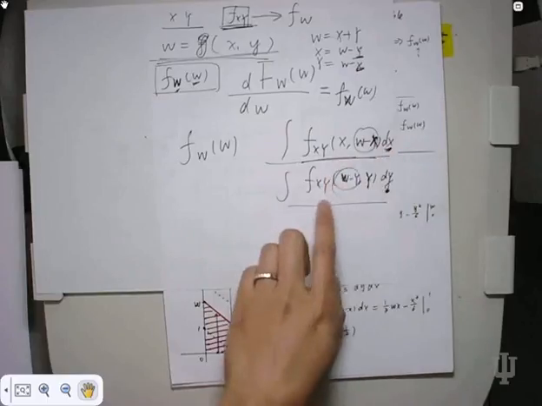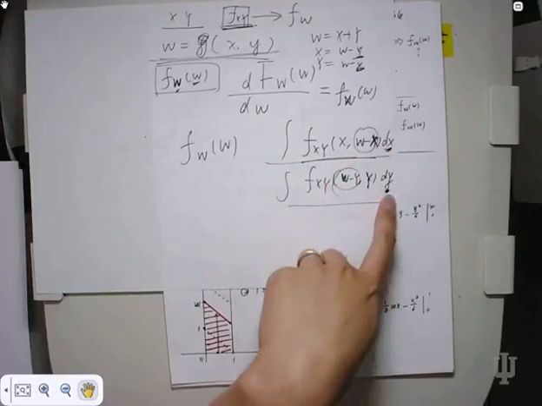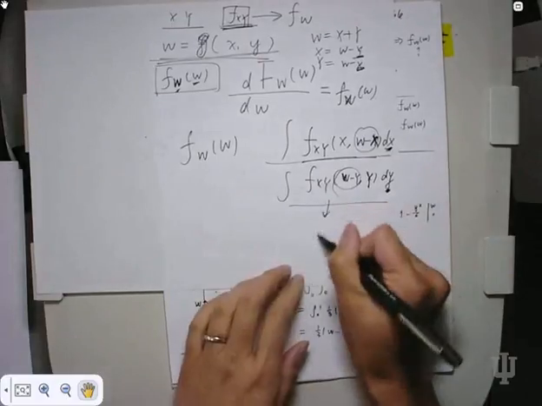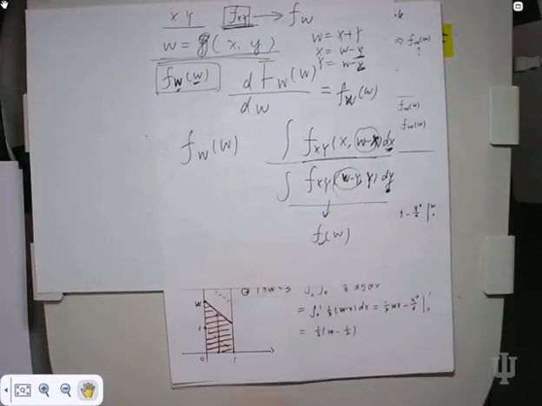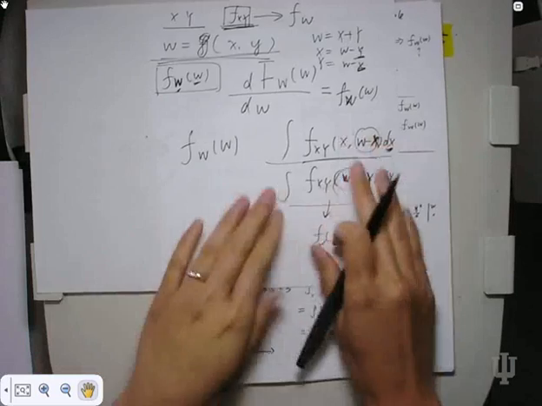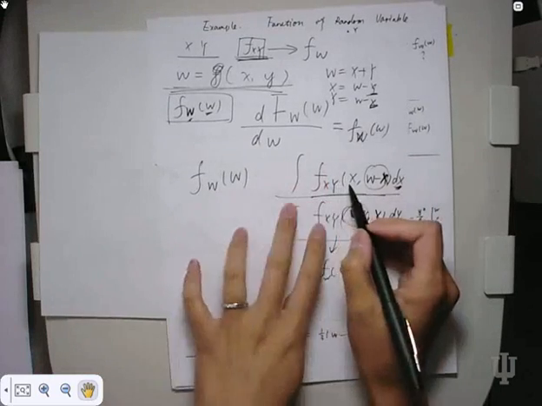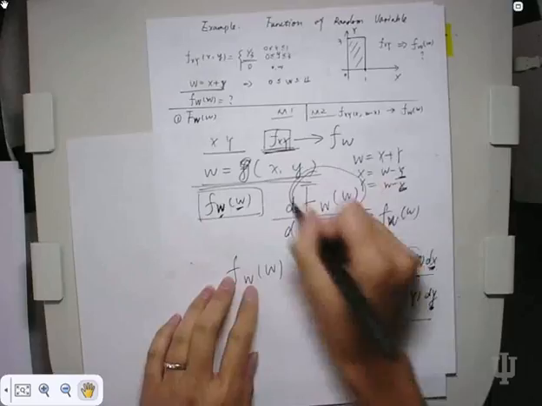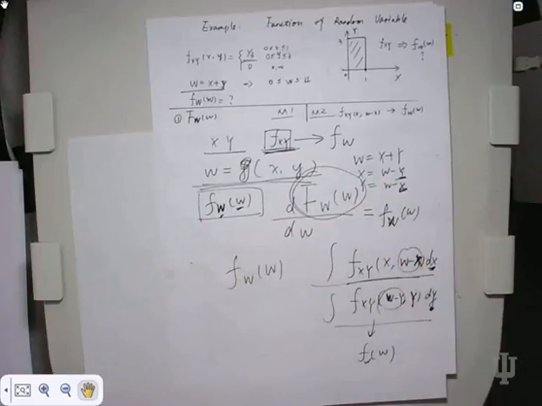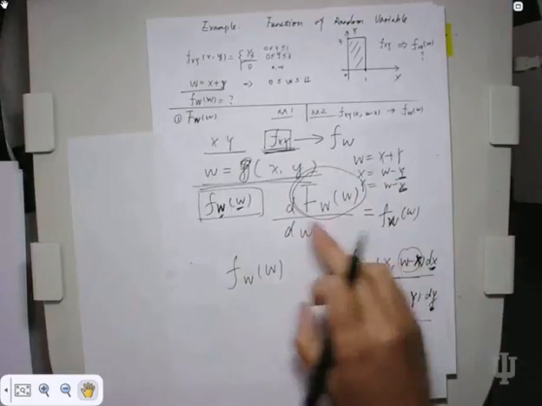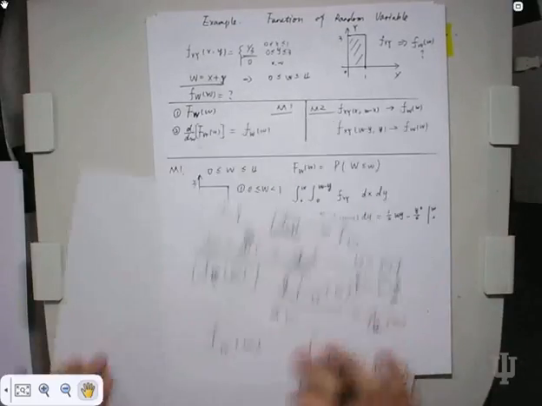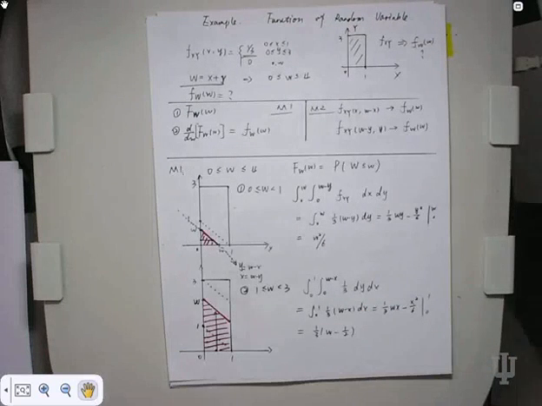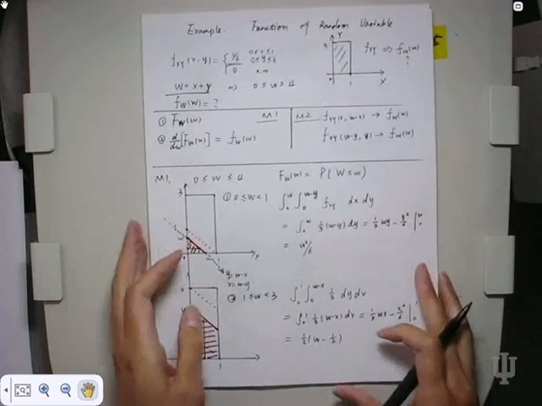Here, same thing. If I get rid of y, I integrate through all y, then it will give me a function of only w, right? So it's the same thing. Here is from density function to density function, or you first find the probability, which is your distribution function, and then take the derivative to find the density function, right? First, it's obvious to think about the probability.